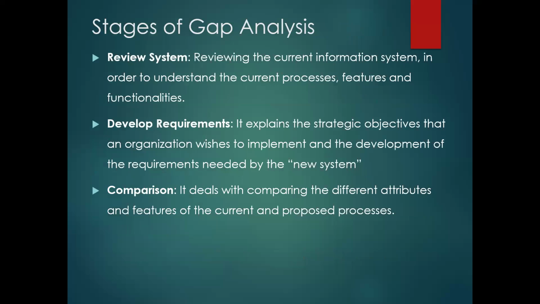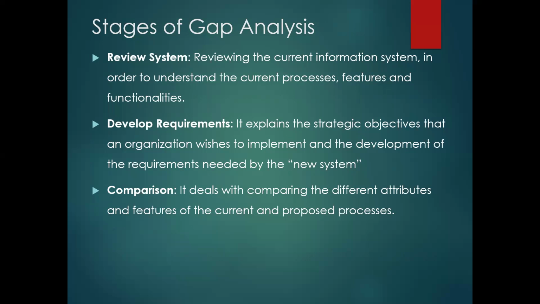So the stages of the gap analysis are: first the review system, then develop requirements, and then the comparison. In the review system stage, when we review the current information system, we understand the current process, features, and functionalities. In the develop requirements phase, we explain the strategic objectives that an organization wishes to implement and the development of the requirements that need to be added to the new system.